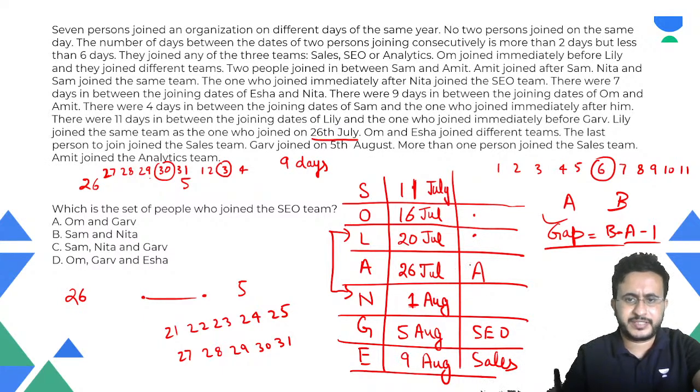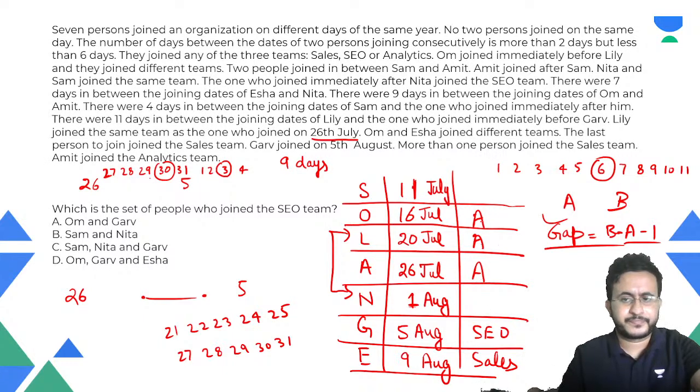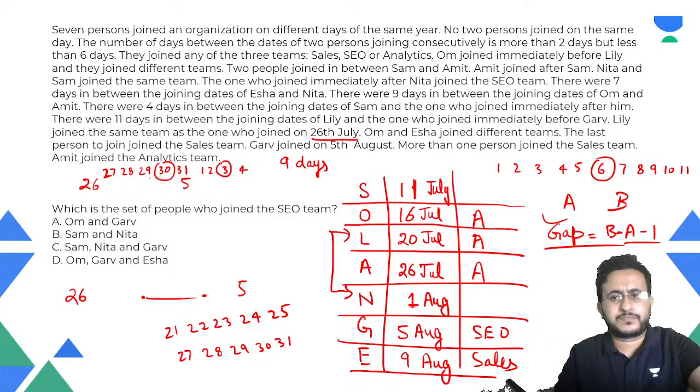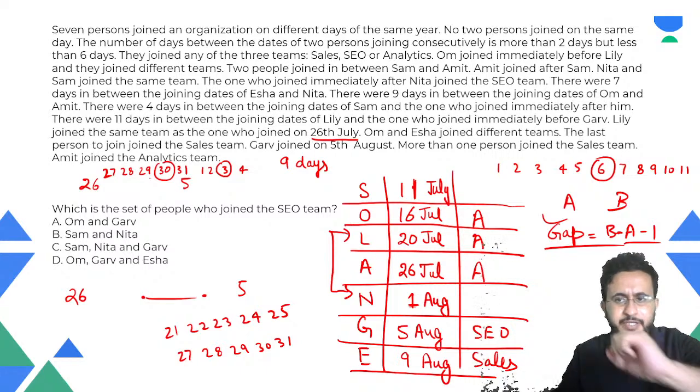So 26 July is analytics. So Lily is also analytics and this is also analytics. Okay. And more than one person will join the sales team.